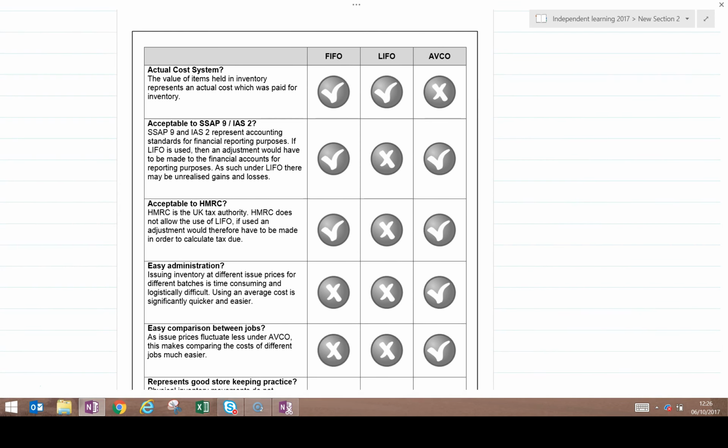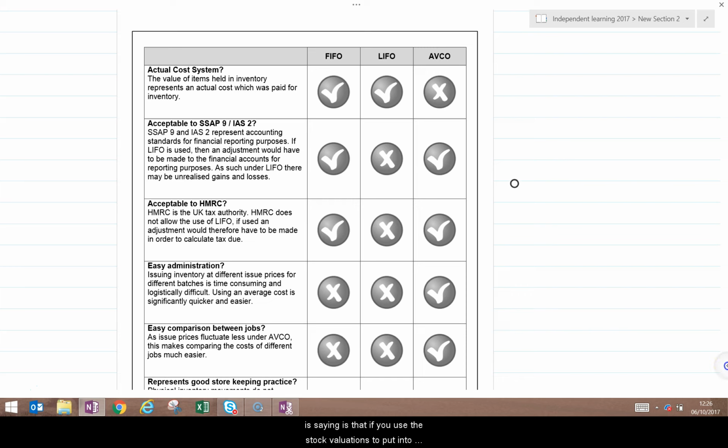In terms of an actual cost system, we've got ticks for Fifo and Lifo. What that means is that the items are issued out at actual costs that were paid, right? Whereas Avco is not an actual cost system because we issue it out at an average cost. Fifo and Avco are acceptable to SSAP 9 and IAS 2, so these are the accounting standards.